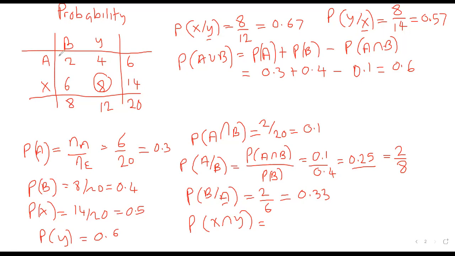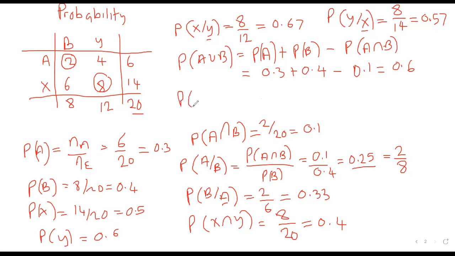Where they meet, 8, over the grand total 20. So what is X intersection Y? 8 over 20. Which is what? 0.4.